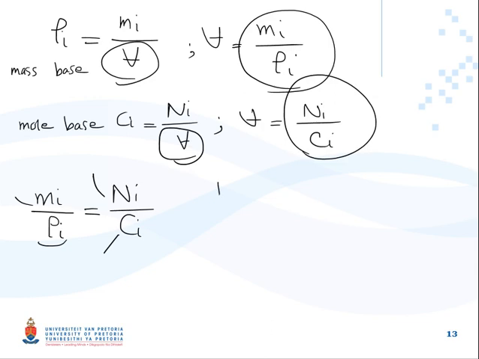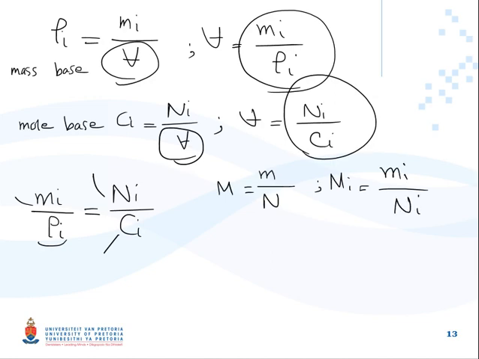We also know that M, what was M? Do you remember it? Molar weight, yeah, is equal to M divided by N. So basically I can write Mi is equal to mi divided by Ni.